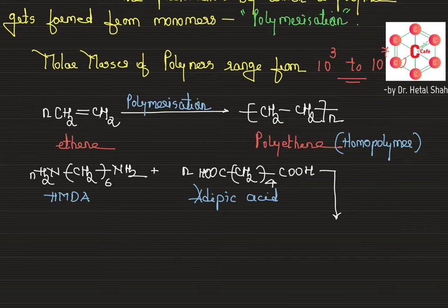And I write polymerization, where water is lost and there is about 2n minus 1 H2O lost. See, what happens is here you have H going out and here you have OH going out, and that is how a water molecule is lost from this side as well as this side.